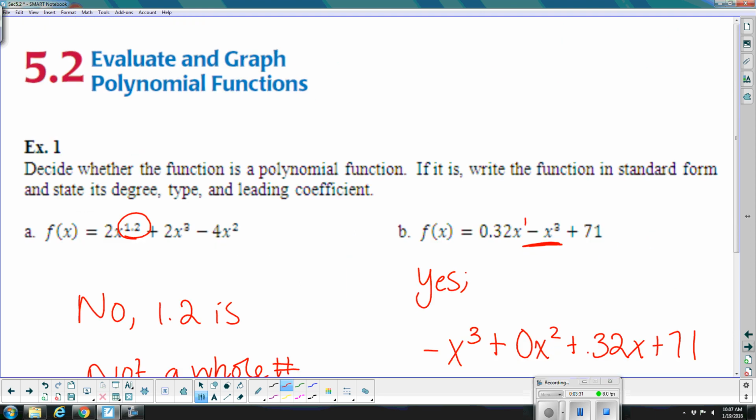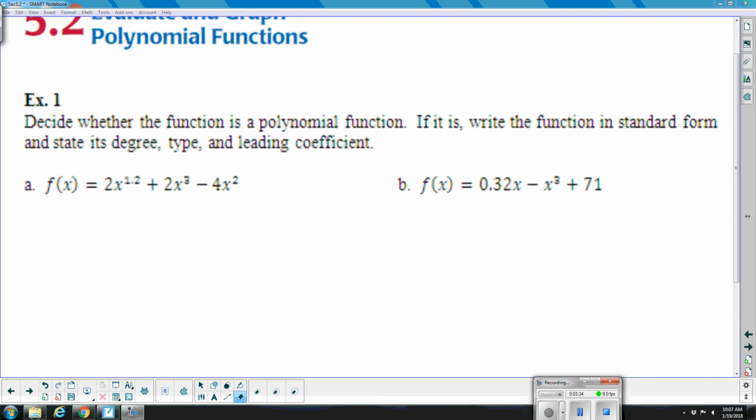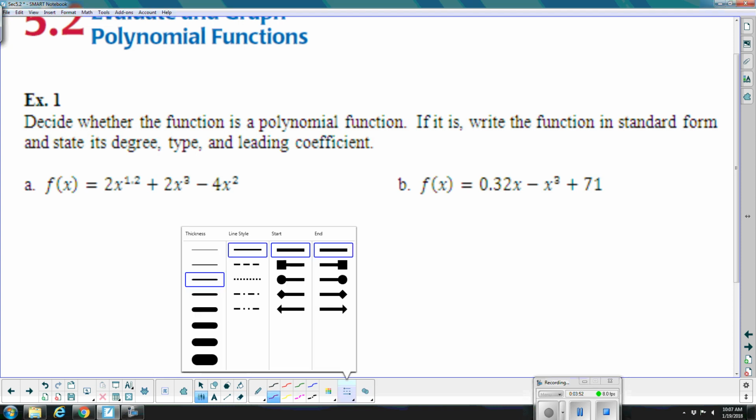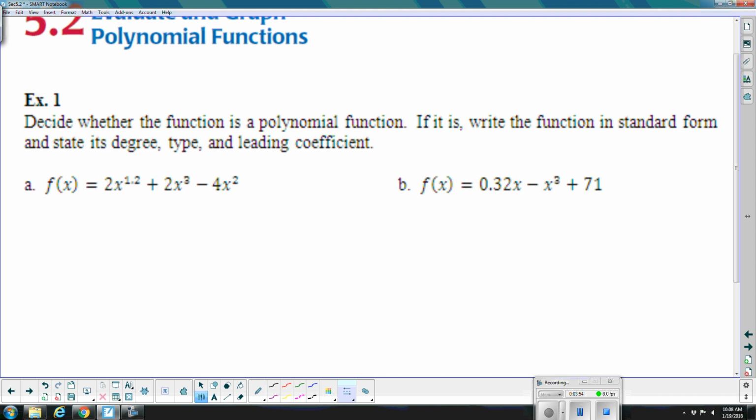All right, let's look at these first couple examples. In this example, we're deciding whether the function is polynomial or not. If it is, we're to write it in standard form and state its degree. Our degree is our n. Then state its type.